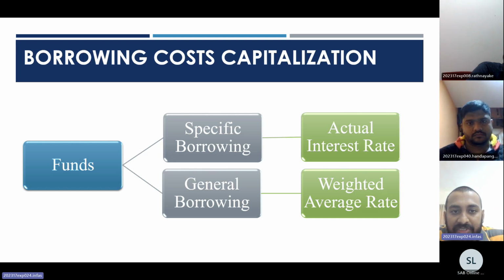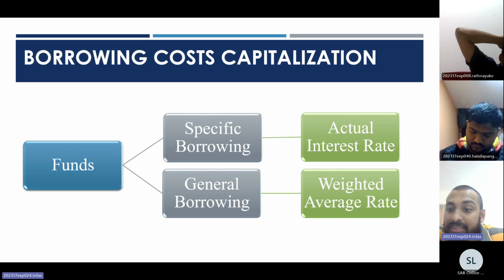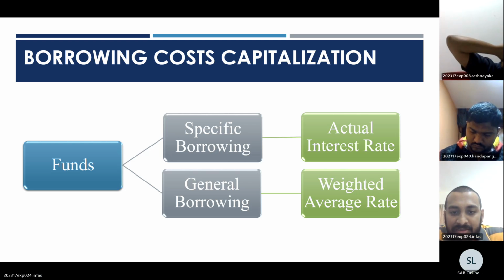If it is a specific fund, we can capitalize the interest that we incurred for that fund. If it is borrowed generally by the company and the company bought some asset from that, then the company should capitalize based on the weighted average rate of interest that they incurred.